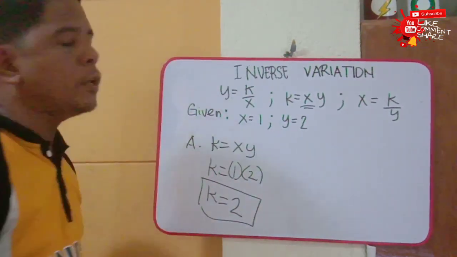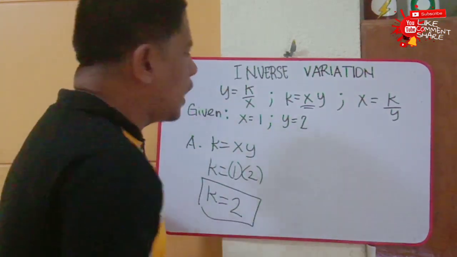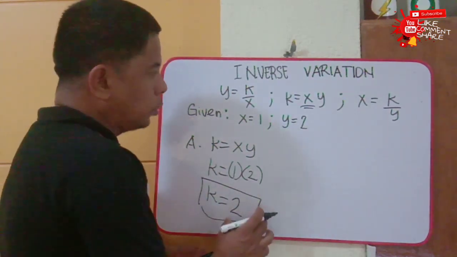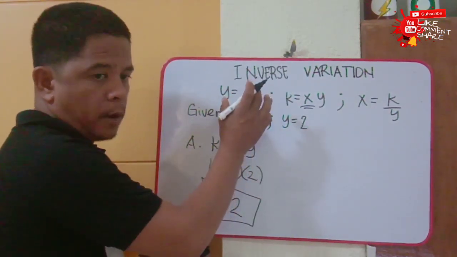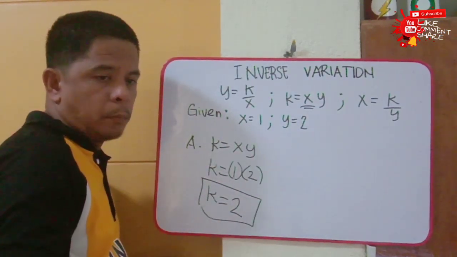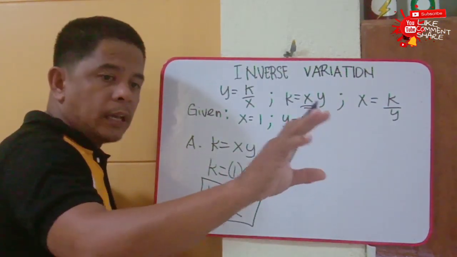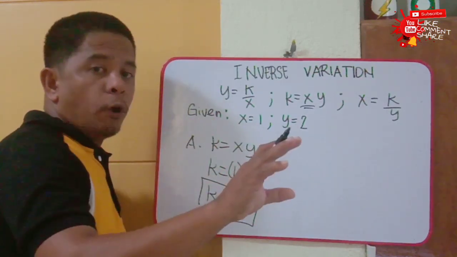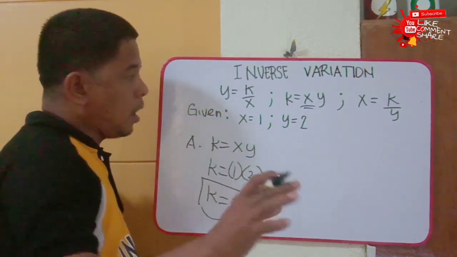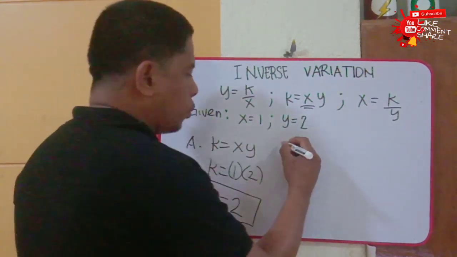So, let us continue. What will be the equation? So, equation of our inverse variation. So, bakit natin siya masasabi na inverse? When x increases, the value of y decreases. Okay, so what will be our equation?